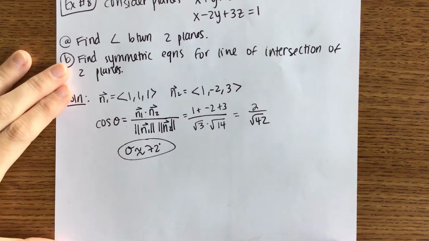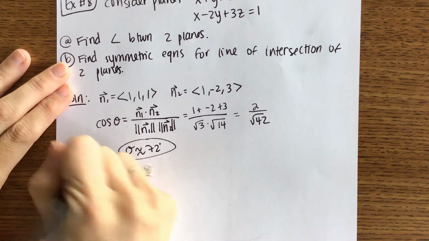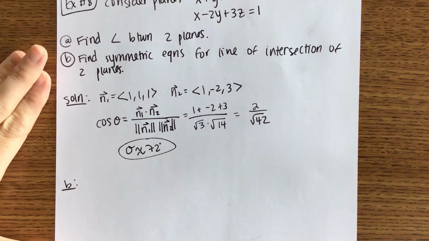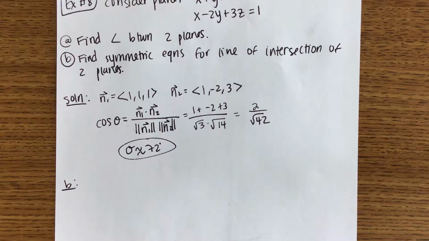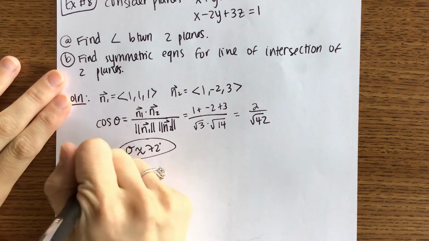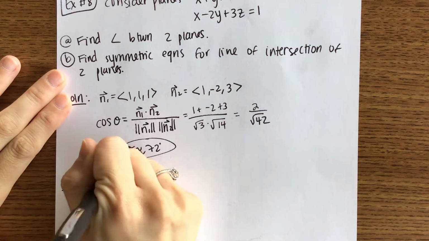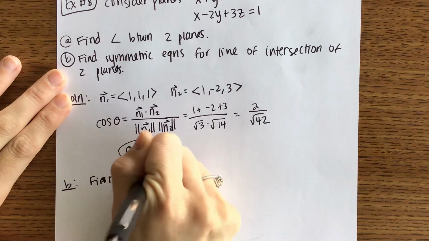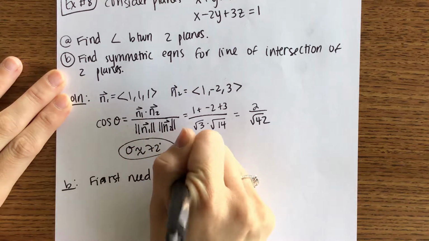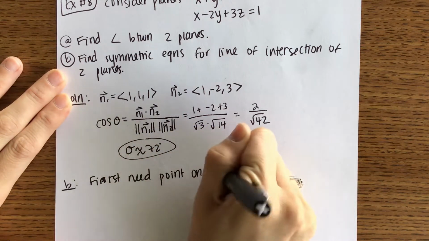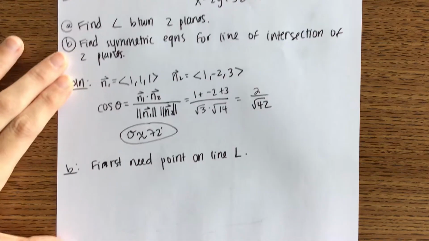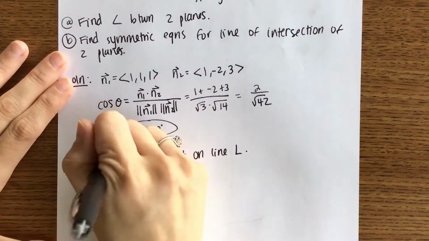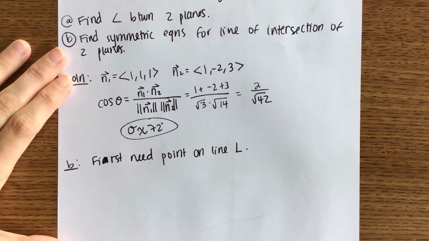Okay, so then for part B, we need to write symmetric equations for the line. So there's two pieces of information we need. We need a point, and we need a parallel vector. So first, we need a point on line L. Whole bunch of options for this point.